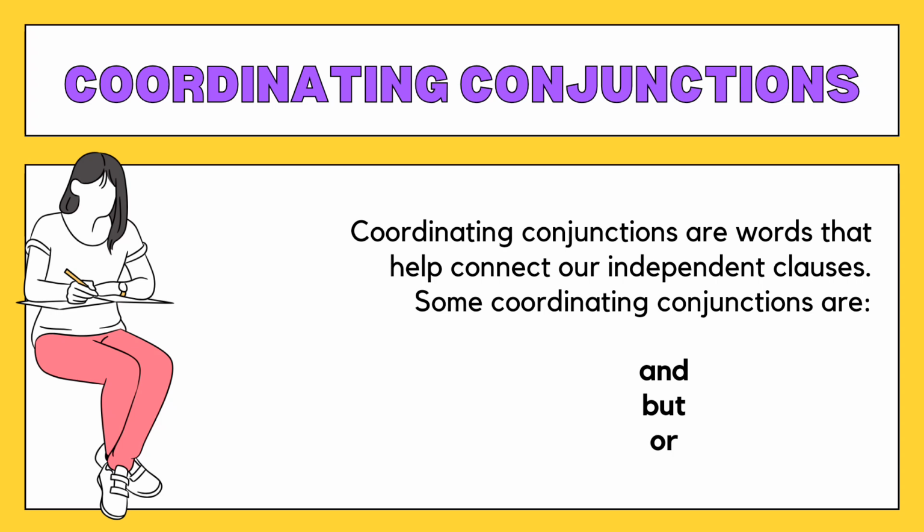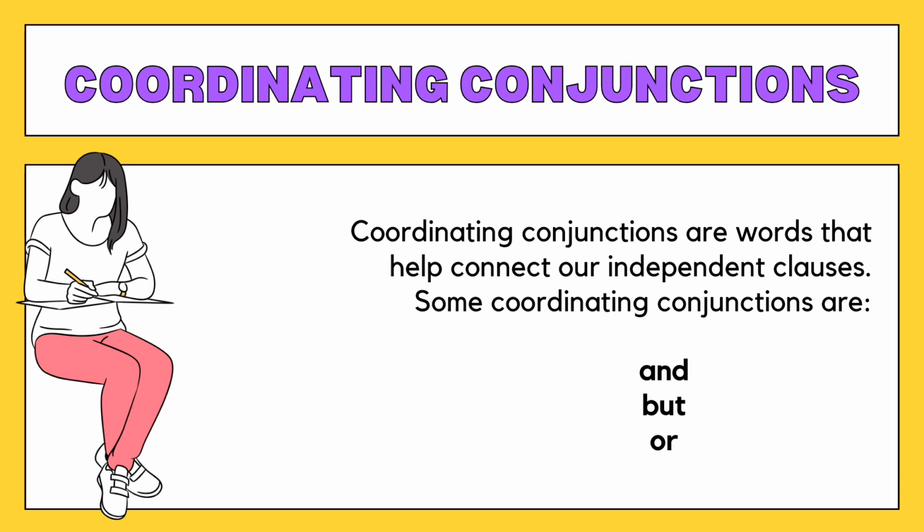Earlier on, I mentioned that a compound sentence is made up of two or more independent clauses joined together by a coordinating conjunction. So, for clarity purposes, let us look at some examples of coordinating conjunctions.